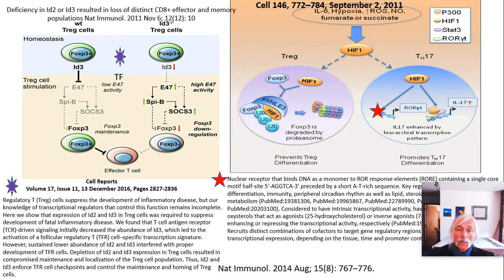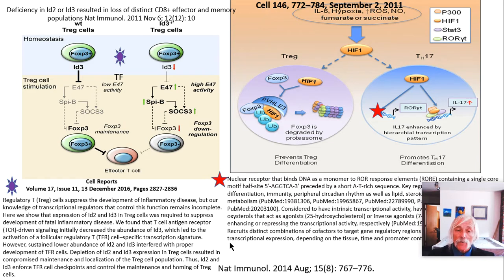See how that works? So that says this down here: regulatory T cells suppress the development of inflammatory disease, but our knowledge of transcriptional regulators that control the function remains incomplete. Here they show the expression of ID2 and 3 in Tregs is required to suppress development of inflammatory disease. They found T cell antigen receptor driven signaling initially decreased the abundance of ID3, which then leads to activation of the follicular regulatory T cells.